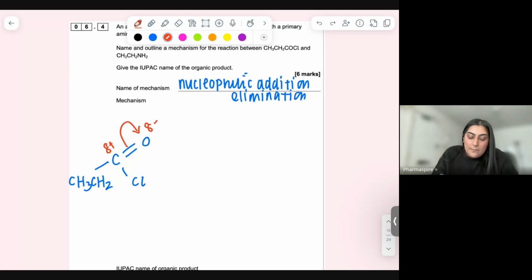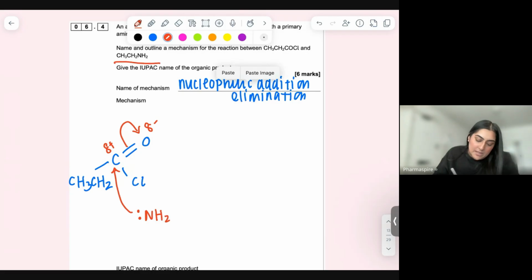So that's how you remember which way your arrow goes if you forget when you do your mechanisms. You've got your nucleophile, which is your NH2, because they're saying it here. It's giving its lone pair to replenish the electrons the carbon lost to the oxygen. Does that make sense about the reasoning why things go that way? So that's how you remember which way things go.